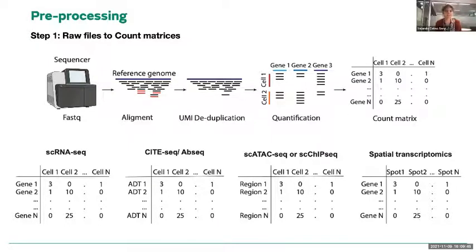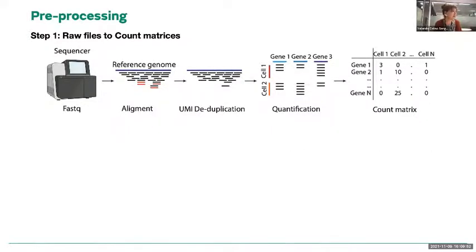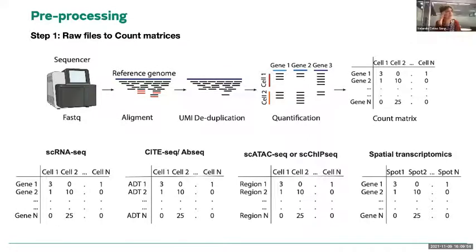To make things simple, and for the purpose of this talk, I'm going to mostly focus on single-cell RNA-seq, in which, as I said, we have the cells versus the genes. But there are other single-cell technologies which don't look at the genes, but look at other things.